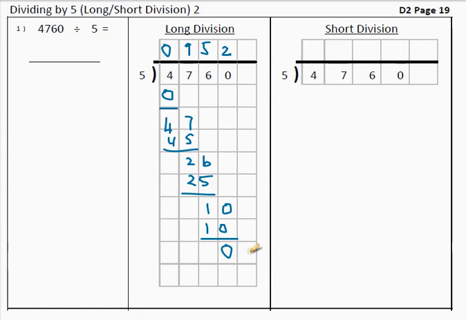In other words, we are finished. Our answer, 952. Remember, this 0 there was a placeholder. It's very important to help you not to make a mistake. But a number can never start with a 0, except if it's before a decimal point, then it is a very useful 0. Otherwise, if there isn't another number before the 0, you don't need that 0, yeah?